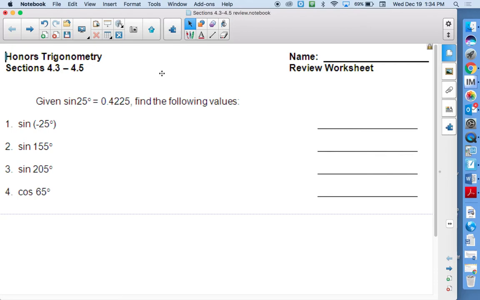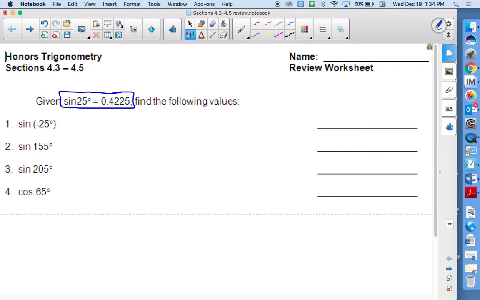The first problem, actually I guess technically it's 4, but these you are not supposed to use a calculator for, but these are all identities. So they're giving you the sine of 25 degrees, and it's equal to 0.4225.